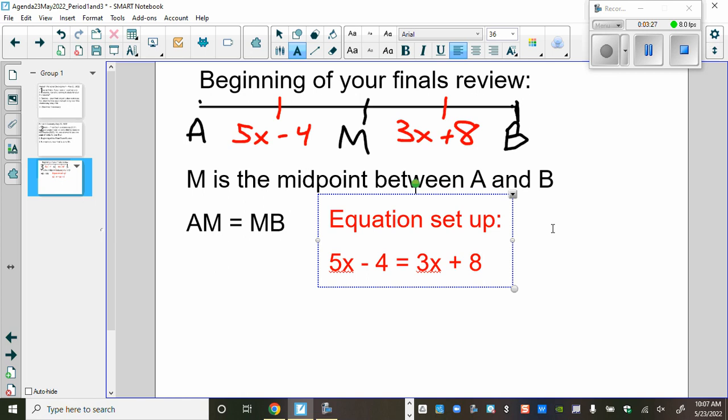I think we're going to talk about setups, because solving the equations, I think you all are pretty good at for the most part. The only concern was parentheses, so towards the end of the period we'll do one or two parentheses problems, because a lot of us forgot about that.